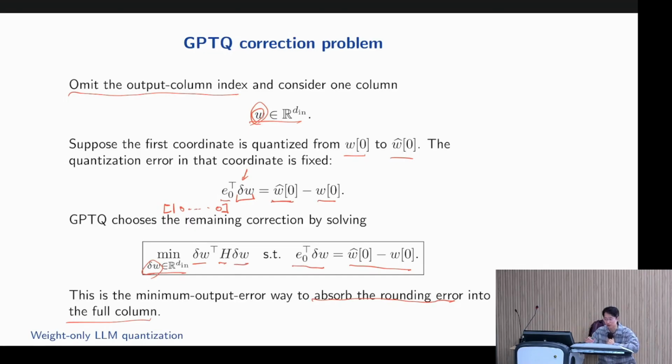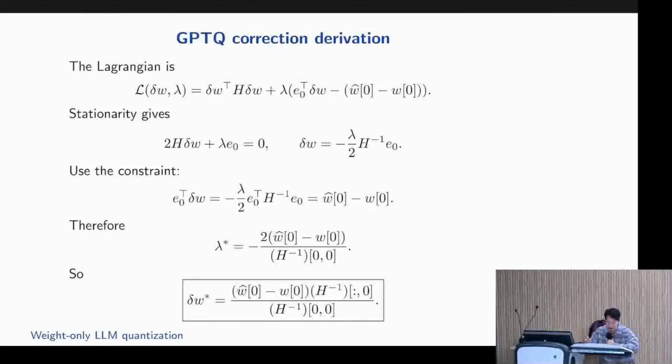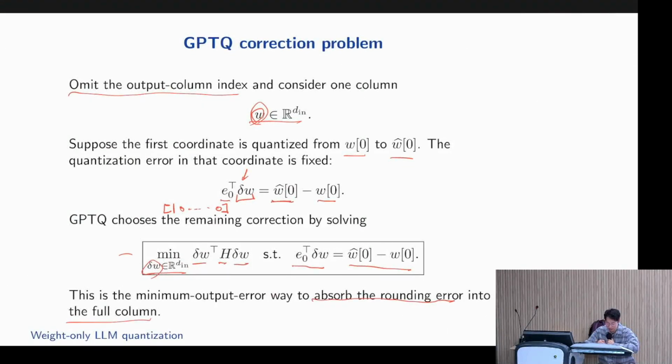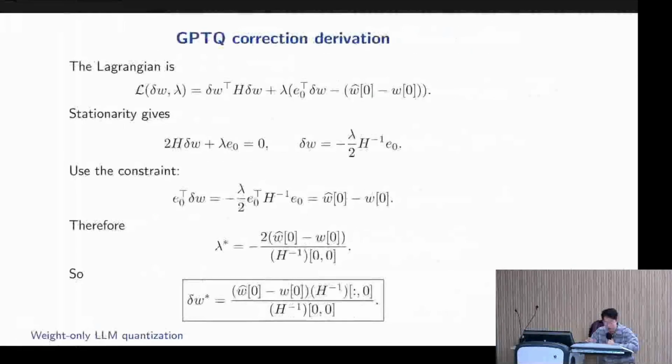Shock meaning quantization error. Okay, so let's take this objective, and if you don't know what I mean by Lagrangian and stationary points, that's fine. I covered this in the graduate level machine learning class, but it's okay if you don't know what I mean.